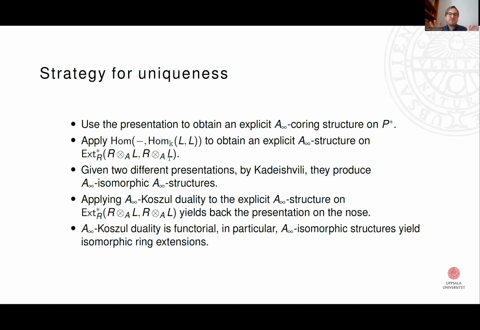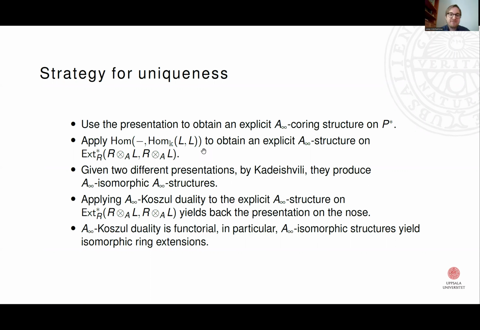Now, if you do this twice, for two different presentations of V, different D0, different D1, potentially, then you get two different A-infinity structures on this X algebra. But by Kadishvili's theorem, there's only one up to A-infinity isomorphism. So they're isomorphic.